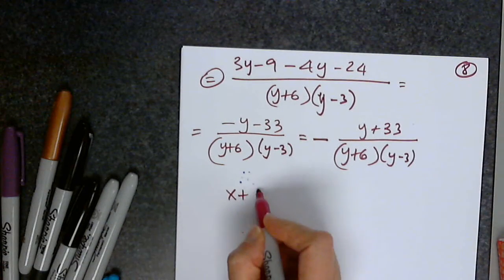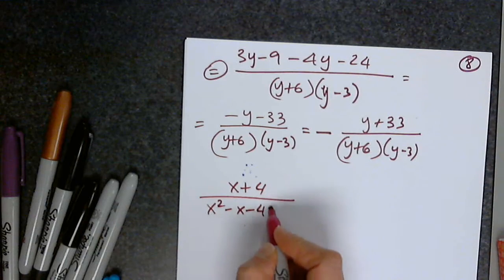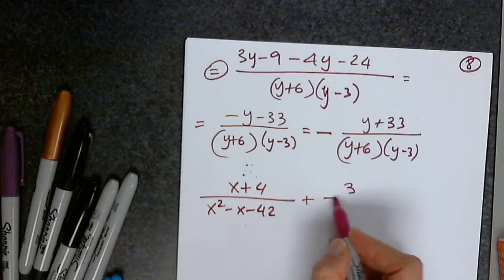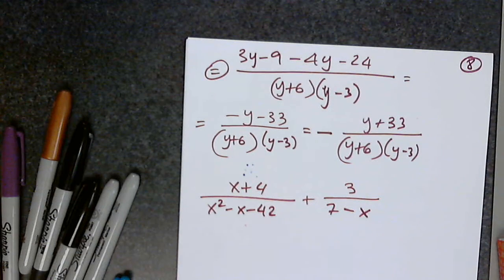So we have x plus 4, everything divided by x squared minus x minus 42, plus 3 over 7 minus x. Which part of this sum of two rational expressions you don't like? Bottom left or bottom right?